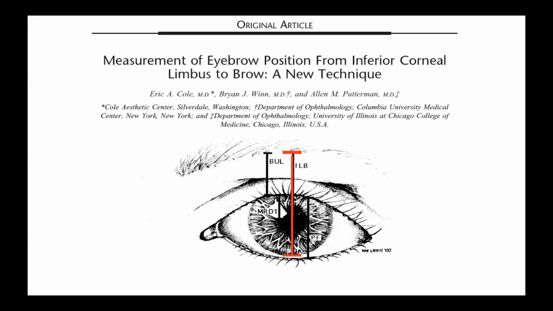And so this article came out, I think it's like 2010, and we looked at a couple different measurements of eyelid height. We looked at the measurement from the lower lid to the bottom part of the brow. We looked at the measurement of the pupil reflex, the center of the pupil, to the upper lid, and a number of other measurements.